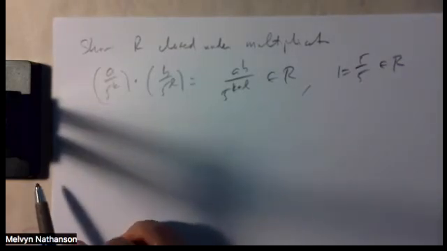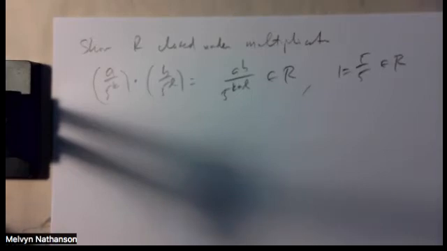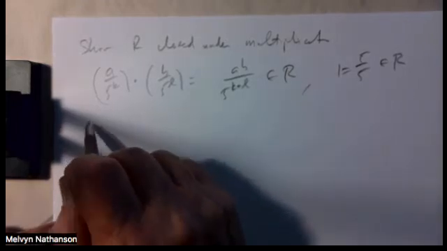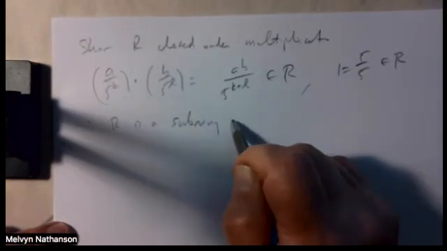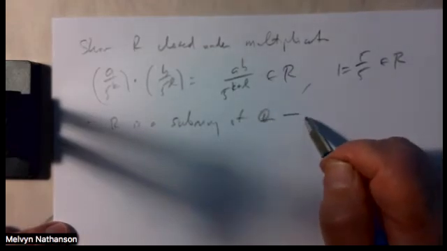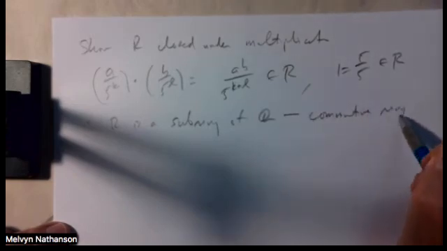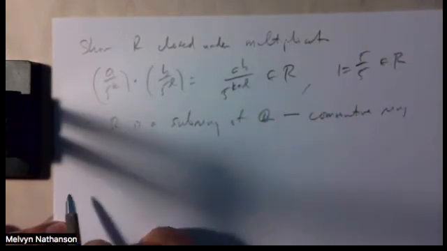All the other properties of a ring, well, they're satisfied for the rationals. We know the rationals are a ring, so the distributive laws and so forth, they certainly hold in R. So therefore, R is a subring of the ring of rational numbers Q. Therefore, R is also a commutative ring because multiplication in Q is commutative.